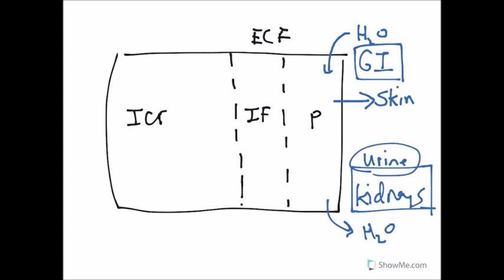Water loss occurs across the skin. The skin is not a perfect barrier to water loss. Sensible perspiration through the skin would be an example of sweating. I can feel sweat beads run down my skin. But also, we have insensible perspiration, and this occurs when the wind blows across the skin, it dehydrates the skin, and we lose water, but we're not aware of that, and that's also very dangerous.